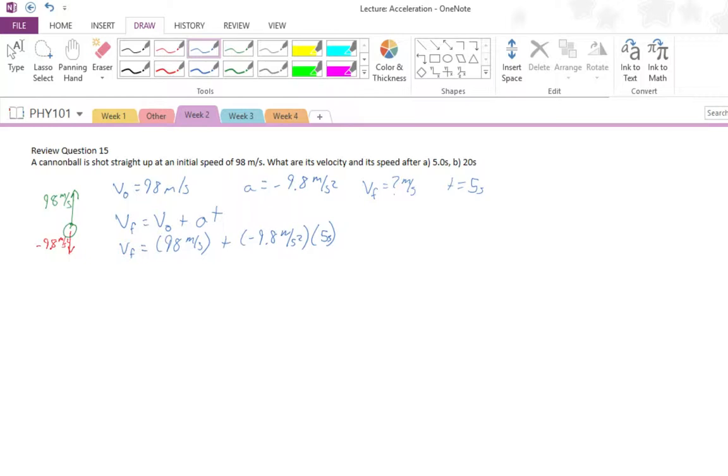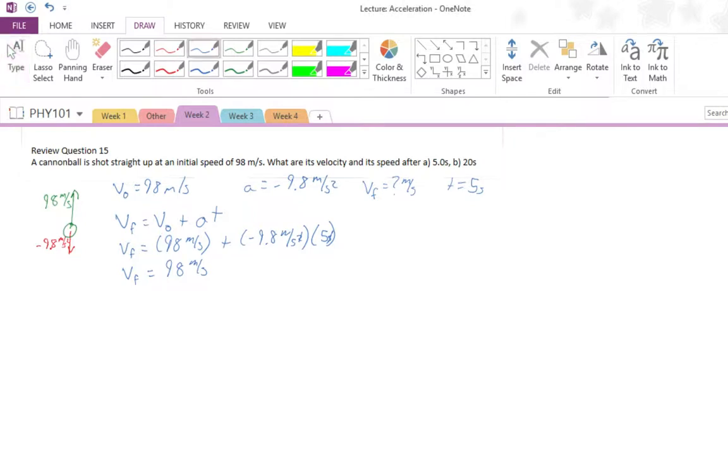Okay, let's check our units. Seconds cancels out the seconds squared, so we're left with meters per second plus meters per second. So just what we need. Velocity final is equal to 98 meters per second. If we multiply negative 9.8 by 5, that gives us 49.